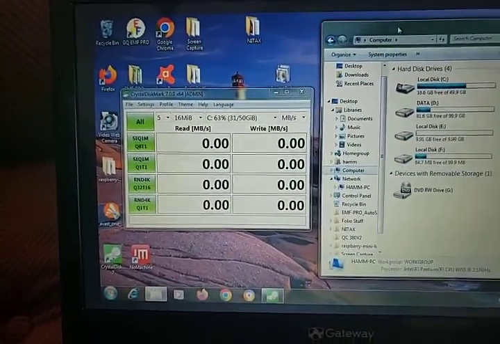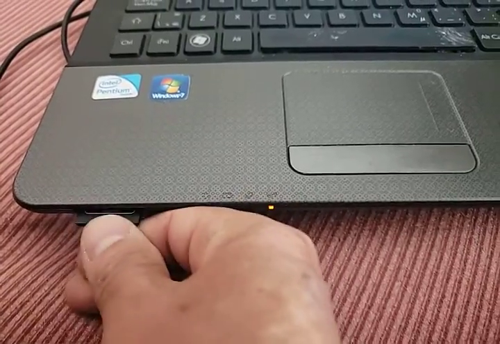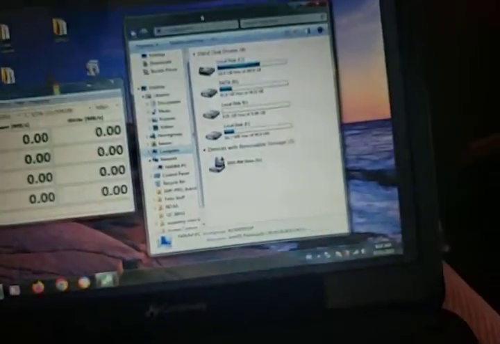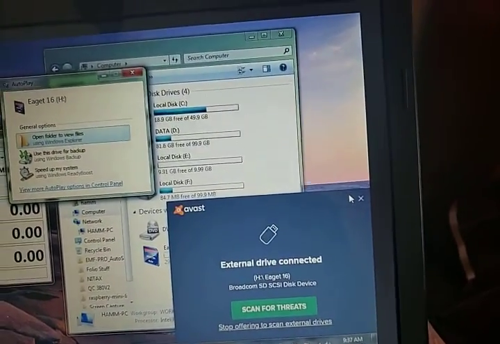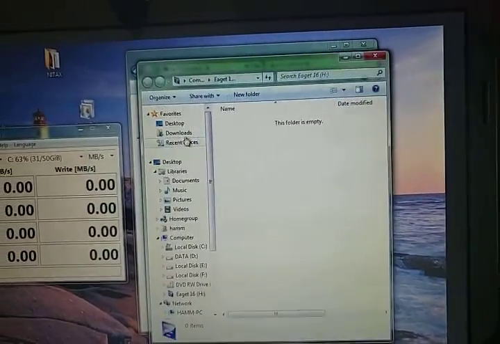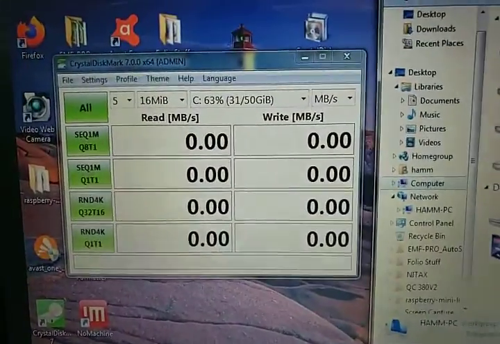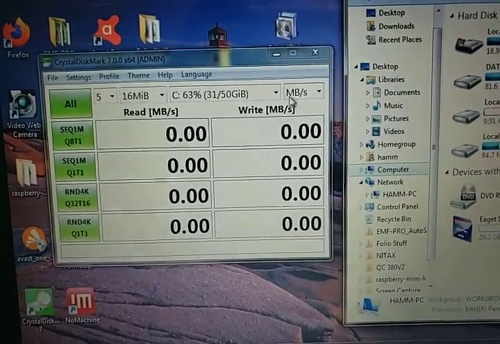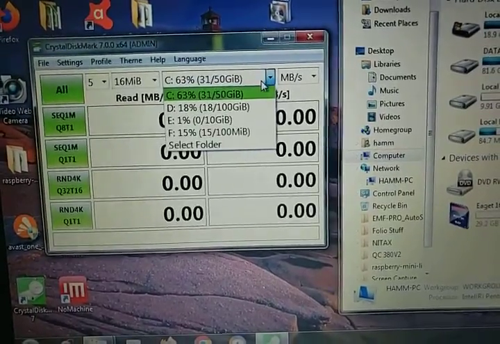Okay, now I will take the same card and I will try the software that the company sent to me. I just found the right version, the 64 bits version. So it's drive H. I will put that aside, and we will test 16 megabytes files, same size as the other.